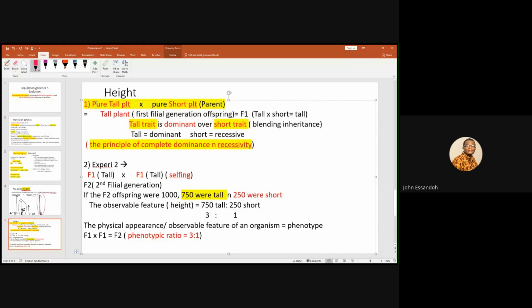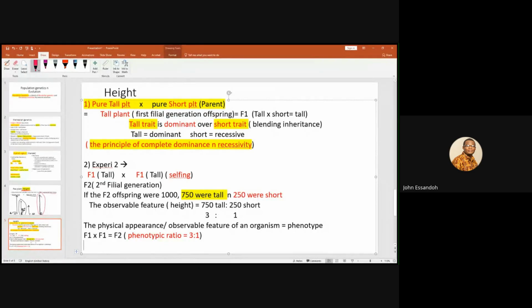When they separated, the tall was dominant over the short. And then as they separated, when we did the selfing, the short ones came together, and that's why we can see short. Wow, what a beautiful statement.